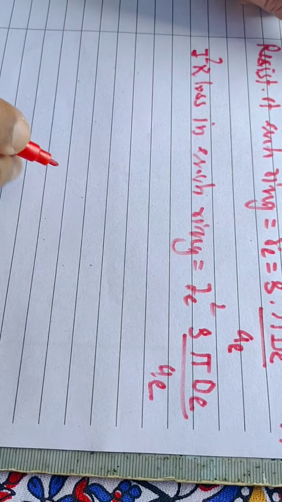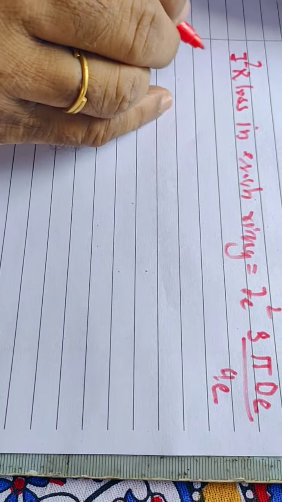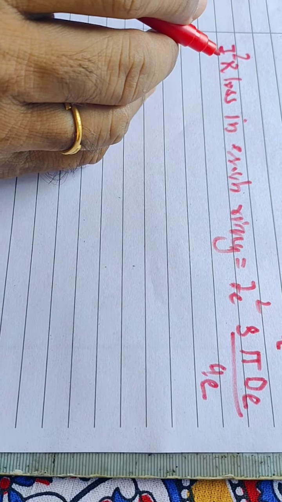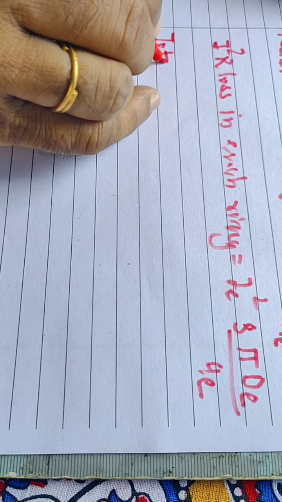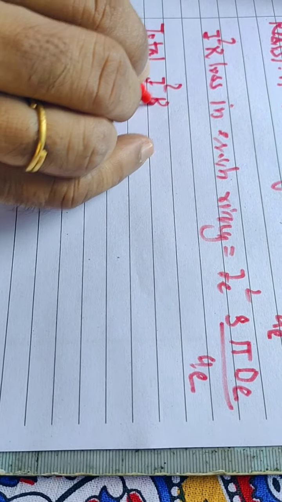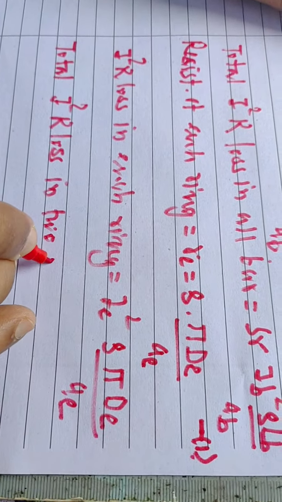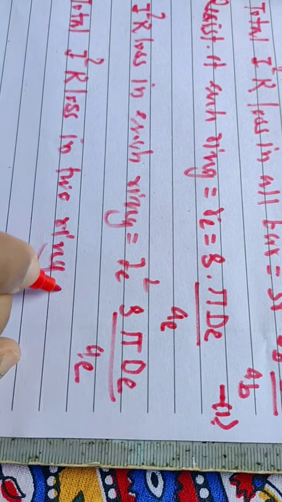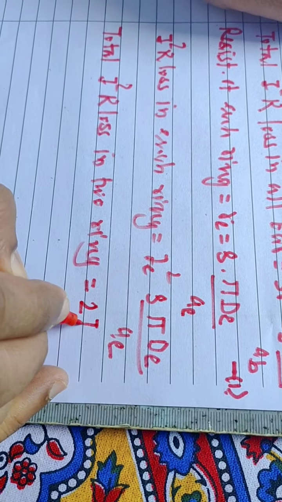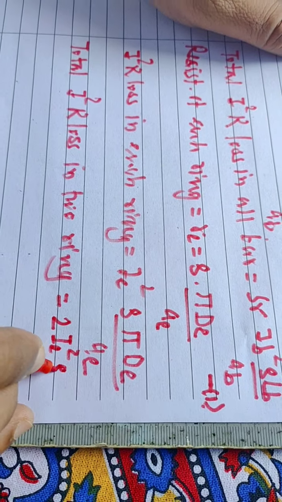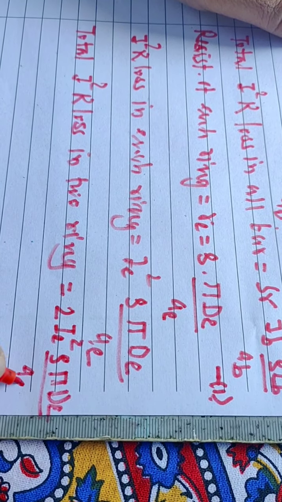And as there are two end rings, the total I square R loss in the two end rings is multiplied by 2, so this is 2 IE square rho pi DE upon AE.